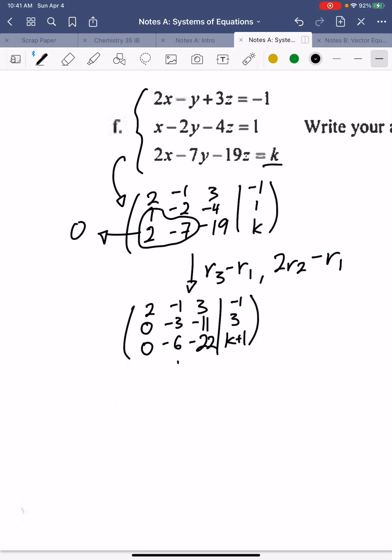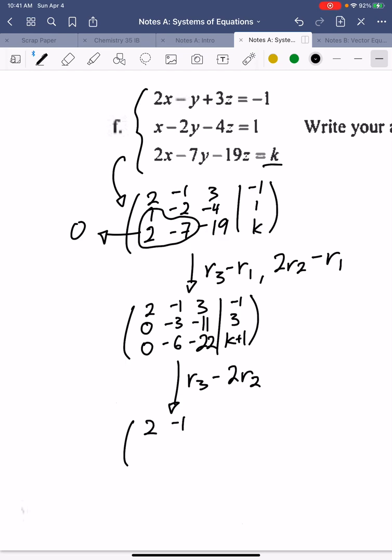So now we can do some more stuff with this. And let's get the -6 to be 0. So to do that, we have to do row 3 minus 2 row 2. So the first row doesn't change.